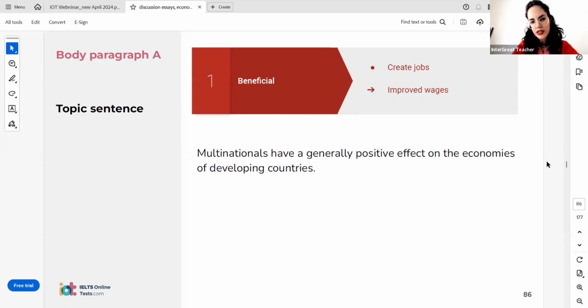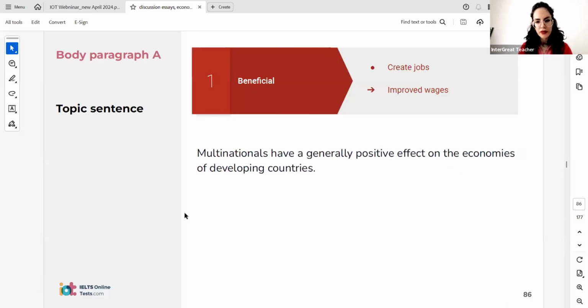What is a topic sentence? A sentence that summarizes the main idea of that paragraph. So I'm going to go with multinationals have a generally positive effect on the economies of developing countries. Now, by this, I'm showing that I'm going to talk about the positive effect or the beneficial effect. That is my topic sentence.